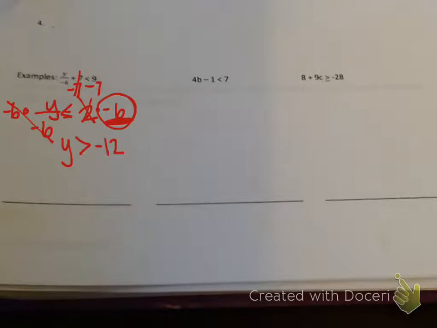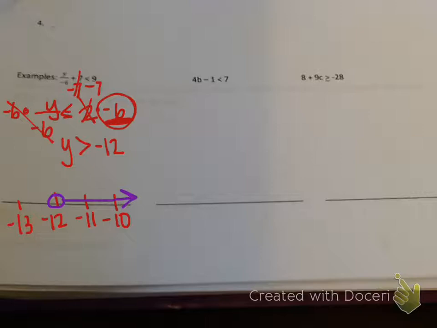And so to graph that, I would have negative 12, and I would have an open dot because there's no equal sign. And y is greater than negative 12. Greater is to the right.